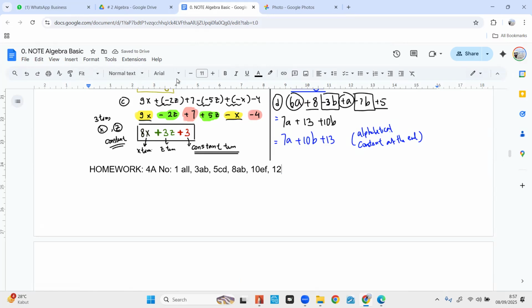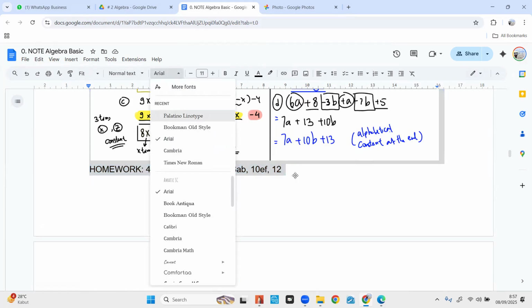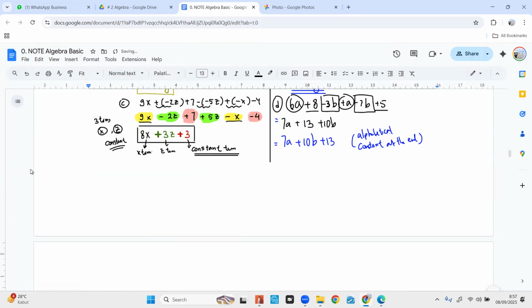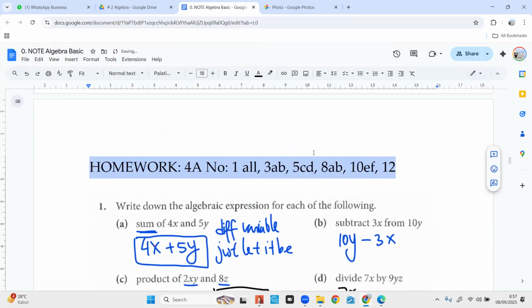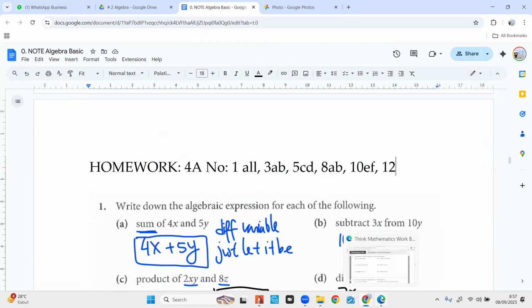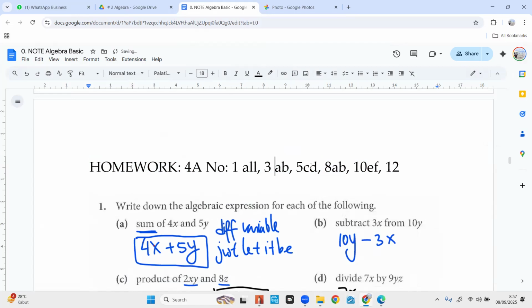That's it. So this is your homework, guys. Number 1 all, just express it in terms of x and y or the letters themselves. Number 1 all, yeah, not AB. 5CD, 8AB, 10EX. So you can do it in one period. Okay, that's all for our meeting today for this topic. Now it's time for you to do the homework.